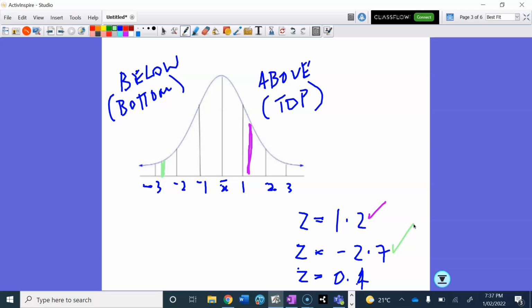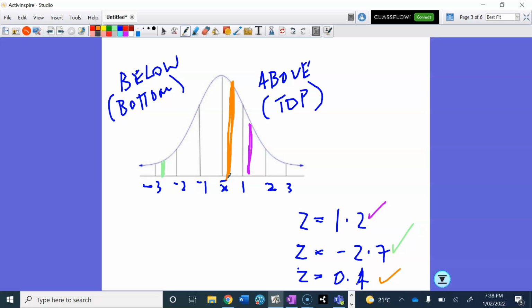And a Z-score of 0.4, I'll put that in there in a different colour. 0.4 is obviously greater than 0, less than 1, so it'd be somewhere here in that section of the graph. We don't have to be super accurate with the positioning of the Z-score on our graph.